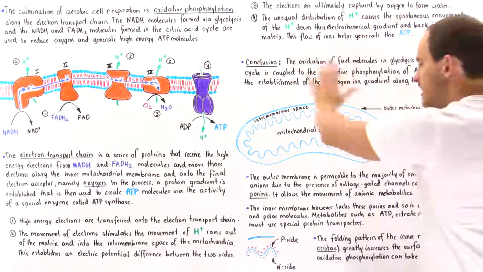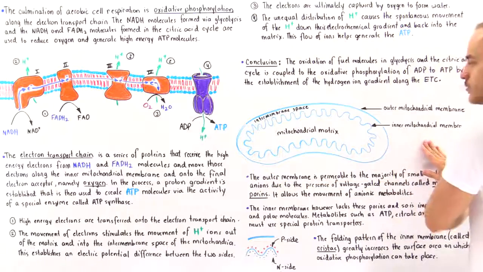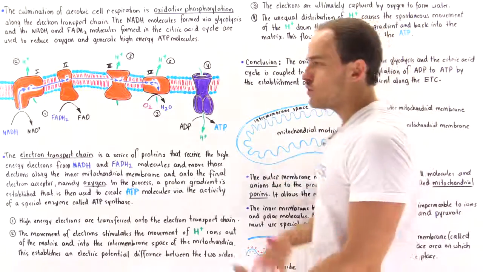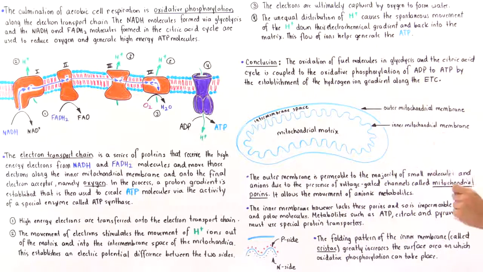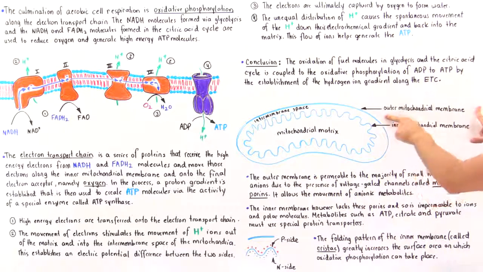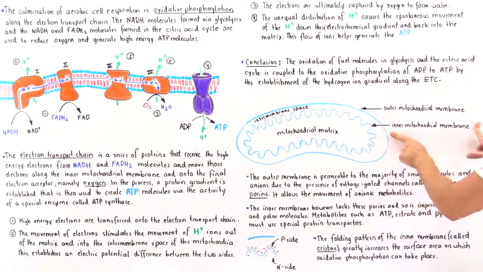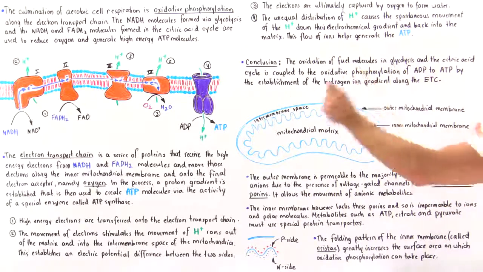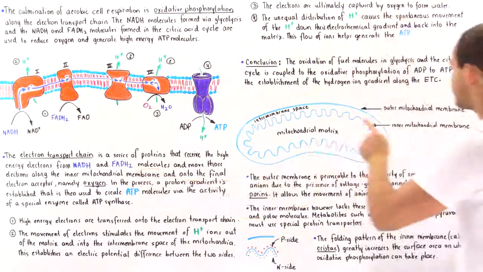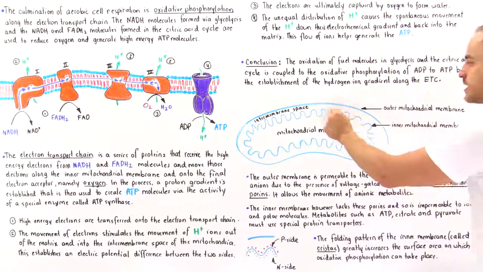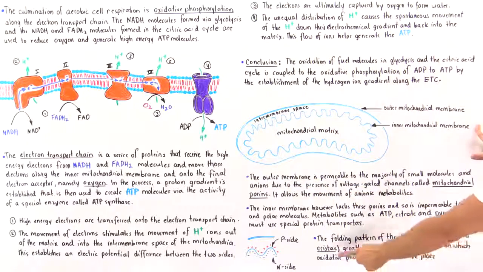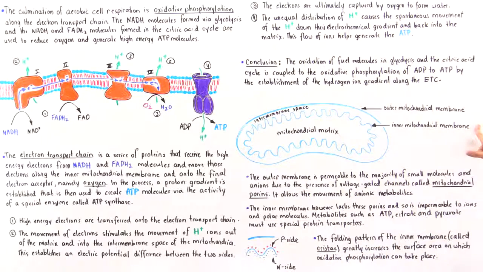So this is a single mitochondrion. In the mitochondrion, we have several compartments. We actually have two different membranes, an outer mitochondrial membrane and the inner mitochondrial membrane. And this electron transport chain is found on the inner mitochondrial membrane, which has this folding pattern known as cristae that we're going to focus on in just a moment.